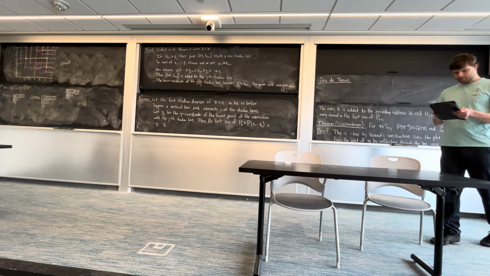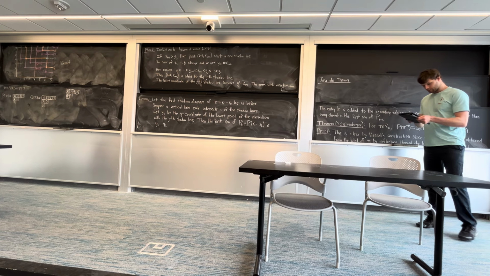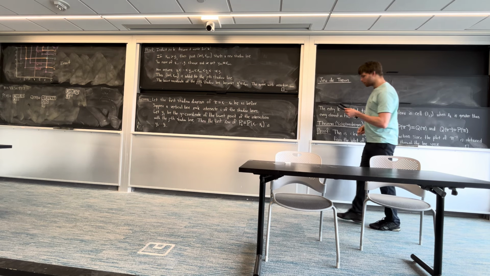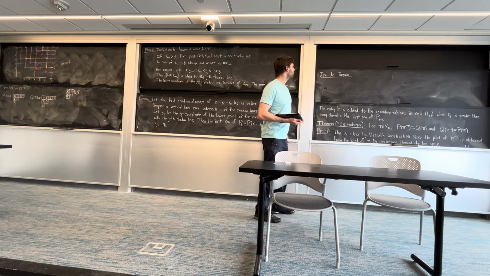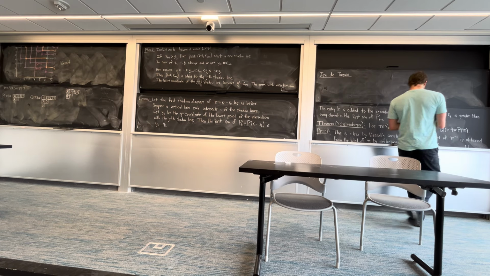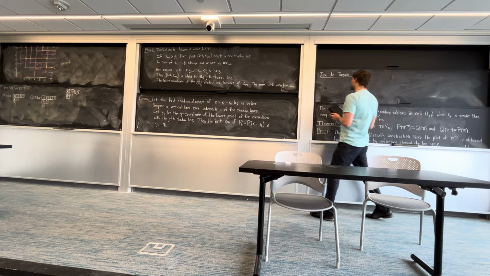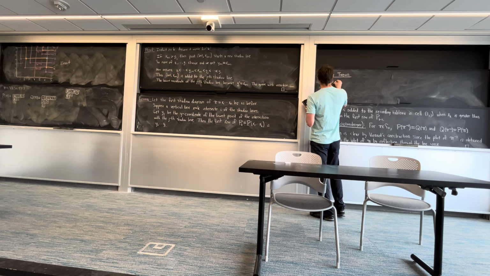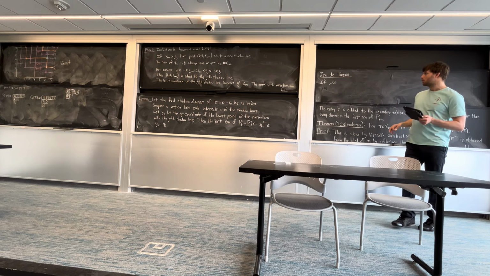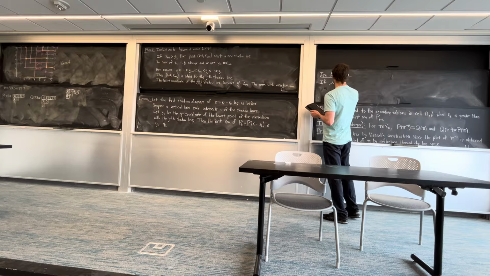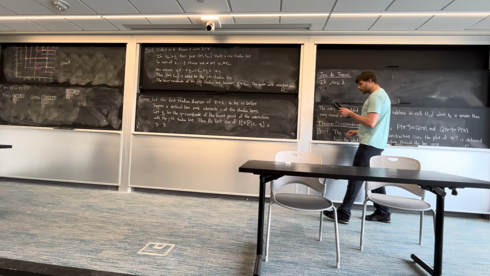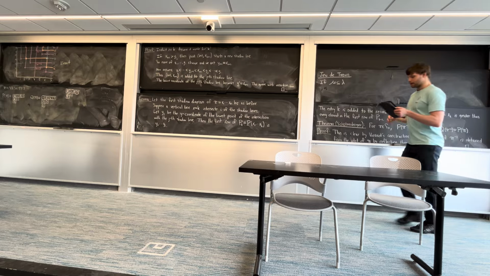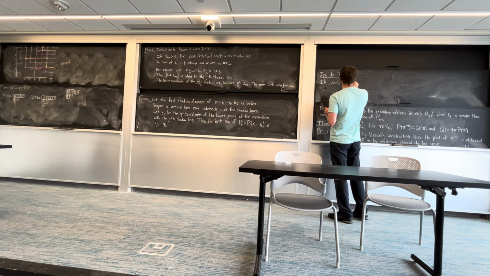Okay, so first, in order to do this, I need to define skew shapes. Let's say we have a Young diagram mu, so mu is some partition, but let's say that the Young diagram sits inside of a Young diagram lambda. You literally just draw these and mu sits inside of lambda.